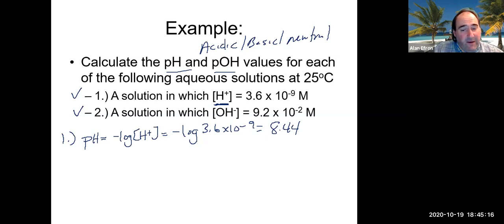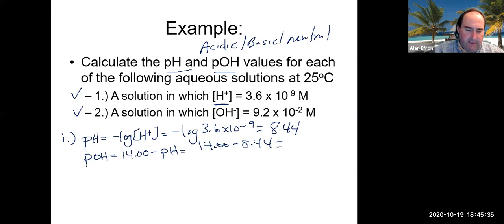You can use KW to get the OH minus, but probably the easier way would be pOH equals 14 minus the pH. So that would give us 14 minus 8.44, and that should get us a pOH of 5.56, it looks like. First off, any questions on those two answers here for the first one?